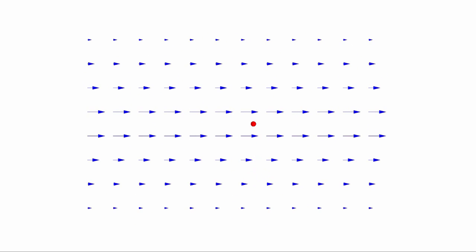One more. What about the curl vector at this point? You know what to do. Since the flow balances at this point, we expect the paddle to not rotate at all. This indicates zero curl, meaning that the curl vector is in fact the 0 vector.